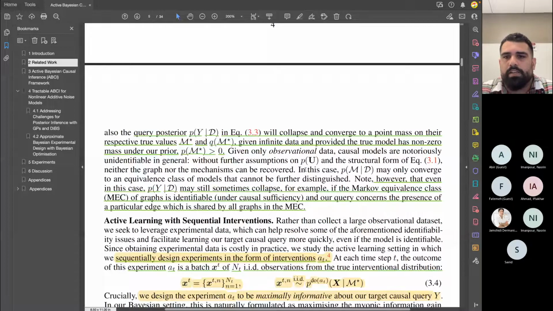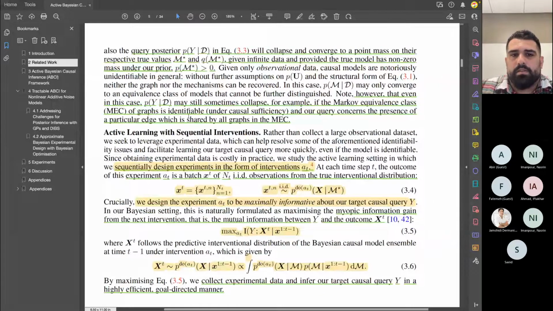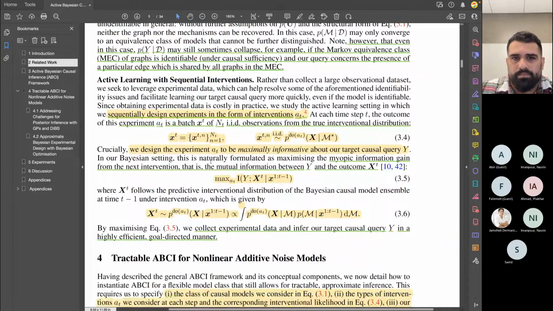But they do mention that even in that case, it may still collapse sometimes, for example, if the Markov equivalence class, or MEC, is identifiable, and they talk about that too. So there are some limitations in the approach that they take here.